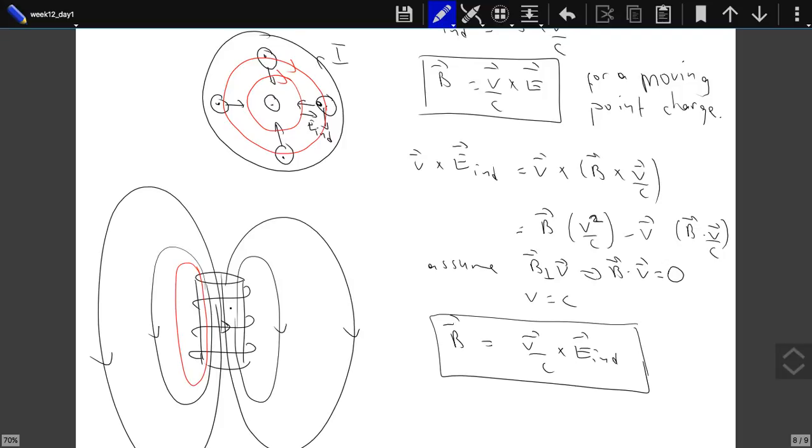Outside, there is nothing that confines the B field lines, so they just spread freely. In that case, they have the speed C. Of course, if you go towards the edges of the solenoid, it cannot be C. They're not moving at that speed. So when you're talking about the speed of the B field lines, you should be a bit careful about what you mean.